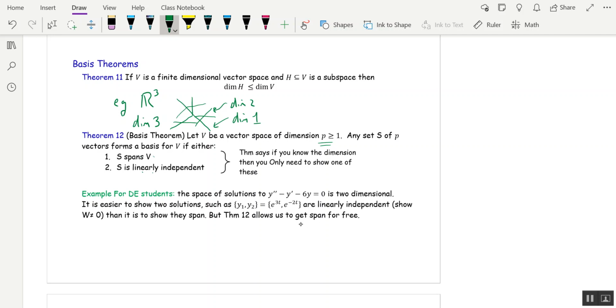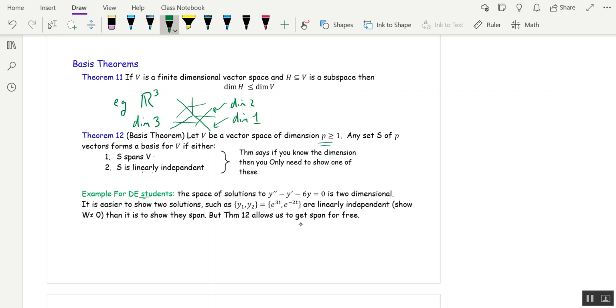And you might be thinking, well, big deal. Well, actually, it is a big deal in real life. If you're taking differential equations, here is an example for DE students: the dimension of the space of solutions to this second order homogeneous differential equation is 2. Now, suppose we find 2 solutions and we want to know if those span the solution space or if they form a basis.